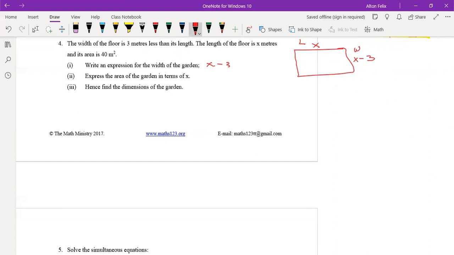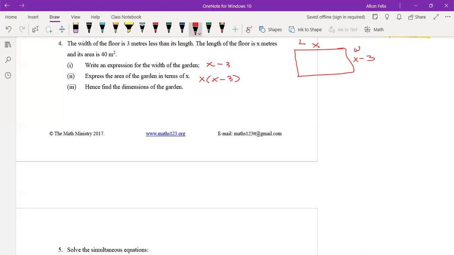Now, of course, we are assuming it's a rectangular garden as shown, right? What's the area of the garden? So you multiply length by width, so it will be x by x minus 3.